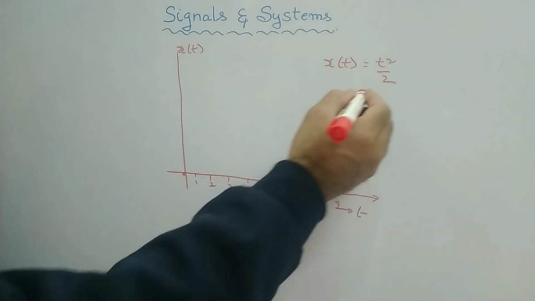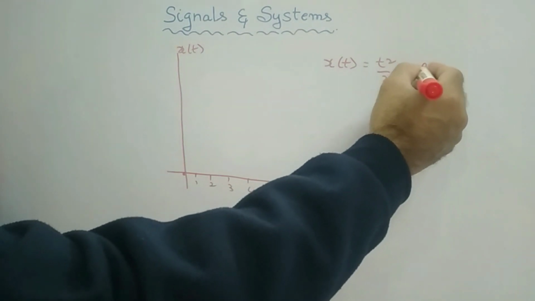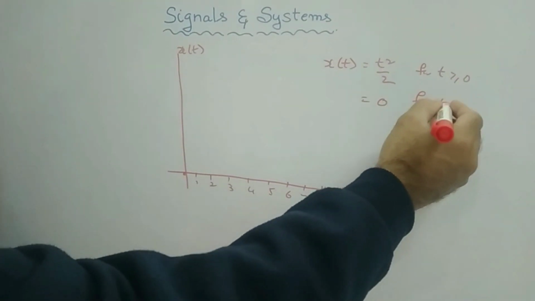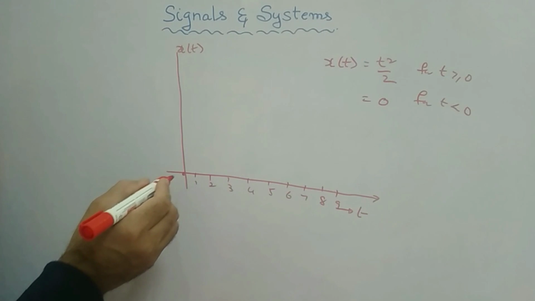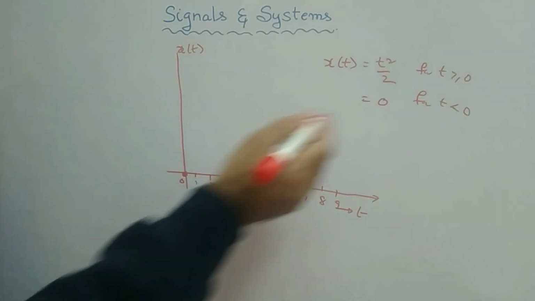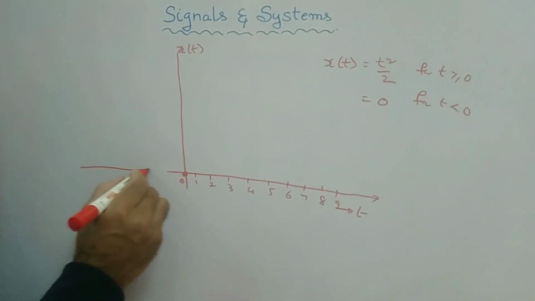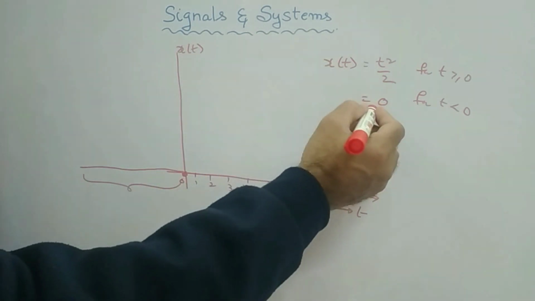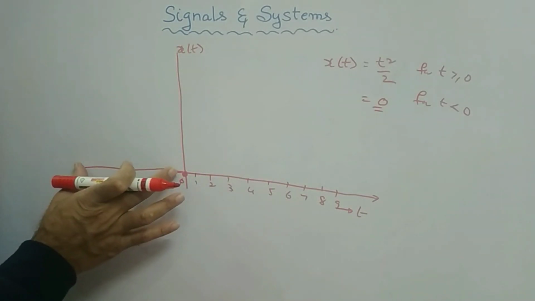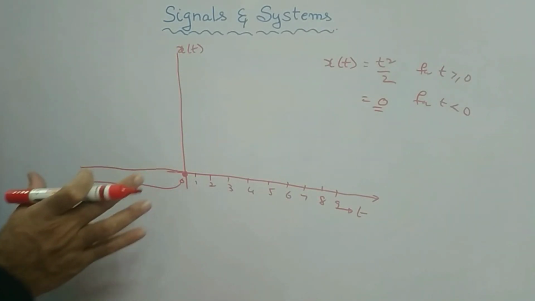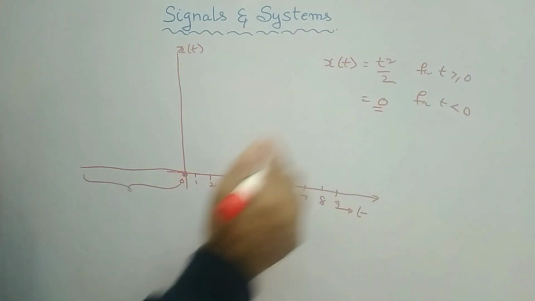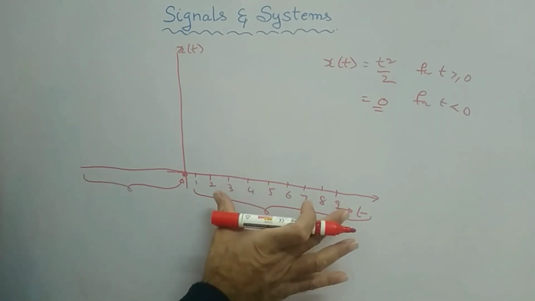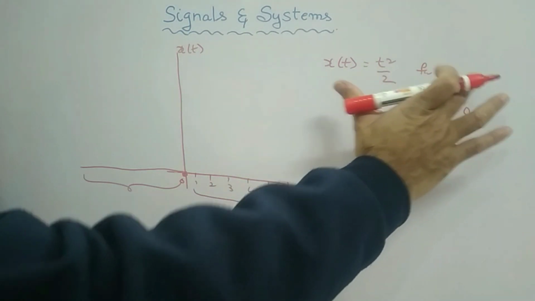It is for t greater than or equal to 0, and it is 0 for t less than 0. So for t less than 0, x of t is 0, and your graph will exist only for the t greater than 0 region.